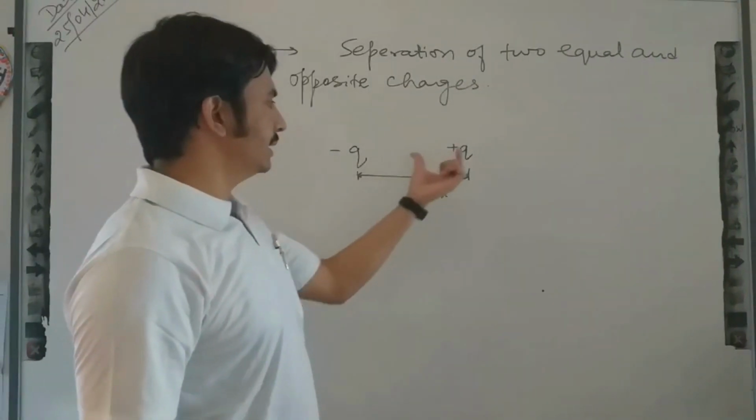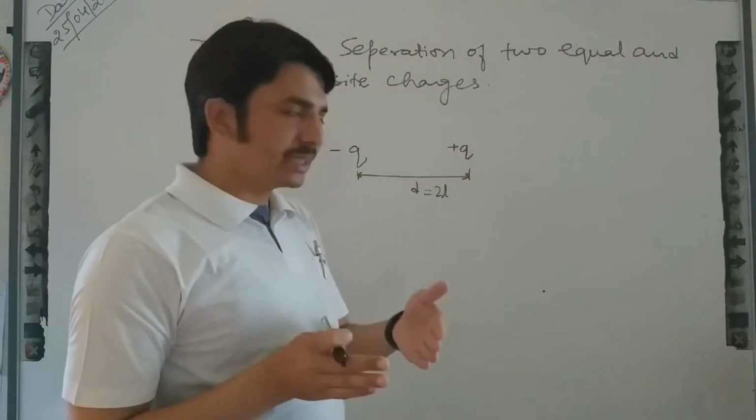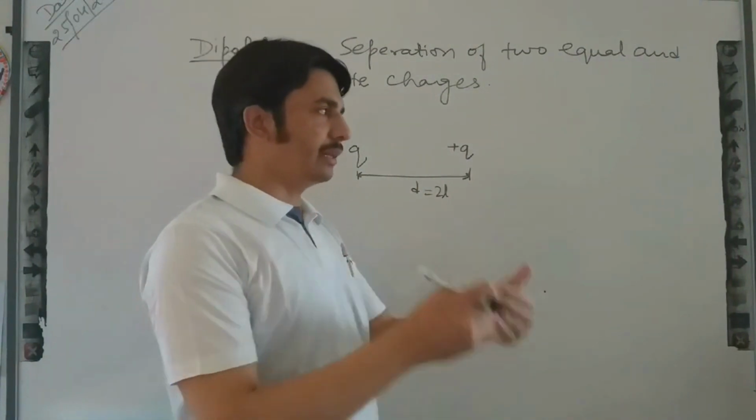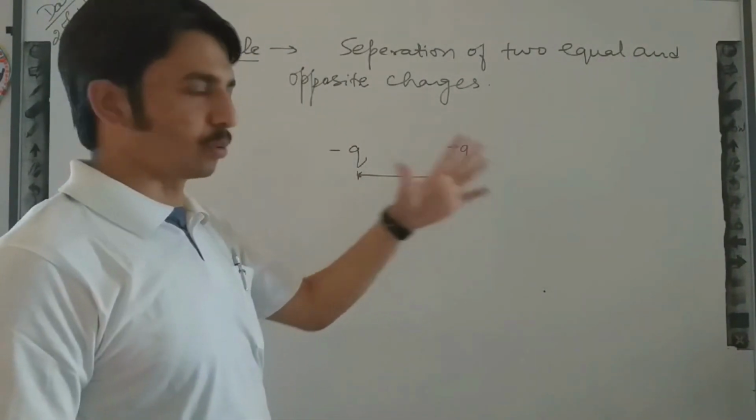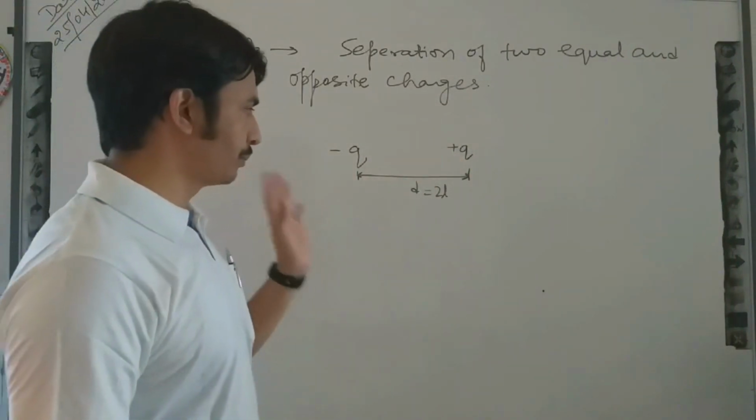When two charges are separated at some distance, that arrangement is known as a dipole.